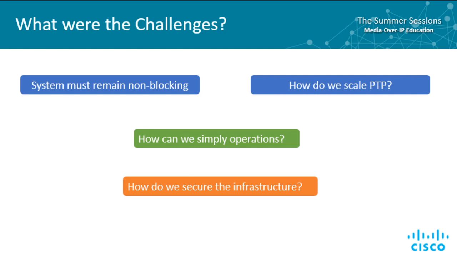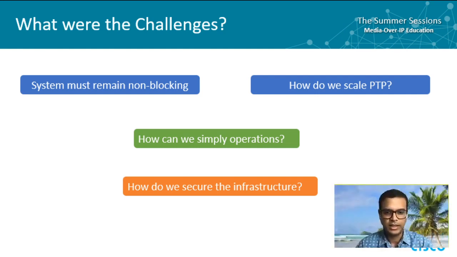Hey, thank you, Anup. So as Anup described, the system had to be scalable and non-blocking. And it did not stop there. We went on from designing the entire fabric to be non-blocking, as well as thinking about timing. With any 2110 deployment, you have to make sure that all these endpoints are synchronized to nanosecond accuracy.